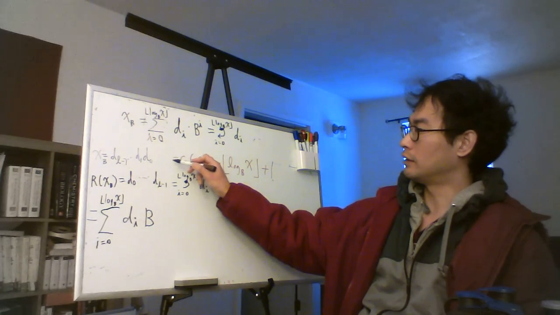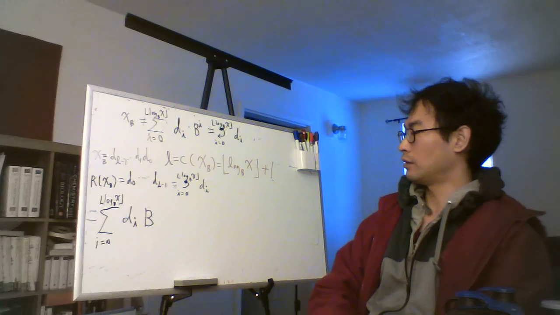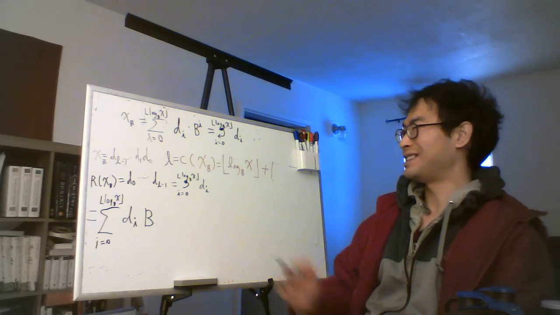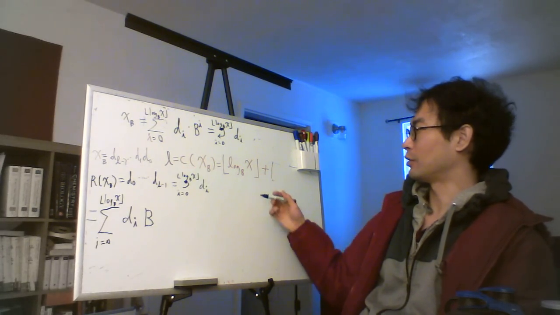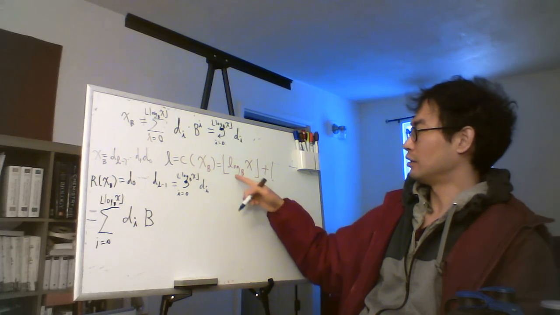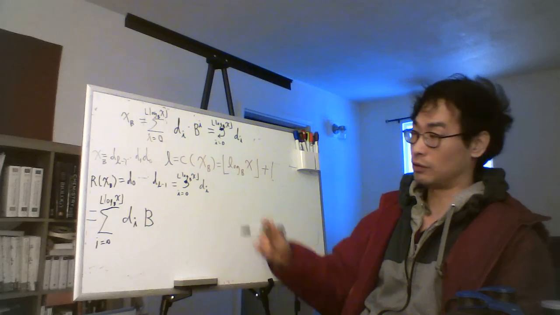By the way, this is L, length. This is easier to write as L minus 1. So this guy, floor of log, that's L minus 1.